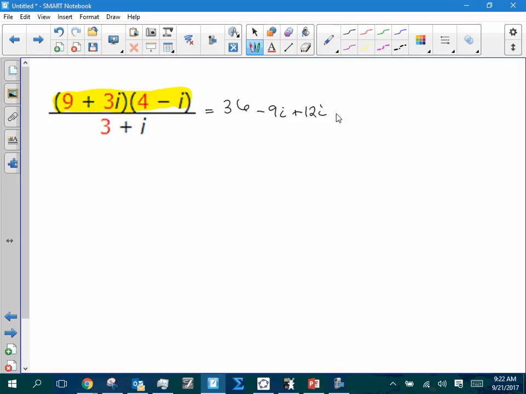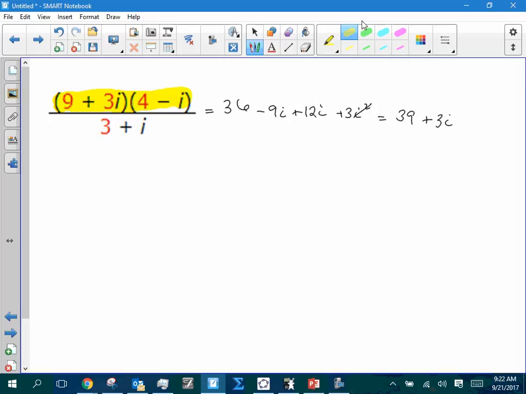And then we get negative 3i squared. That numerator then is going to change to, that'll be a plus 3, so I'll have 39 plus 3i, correct?